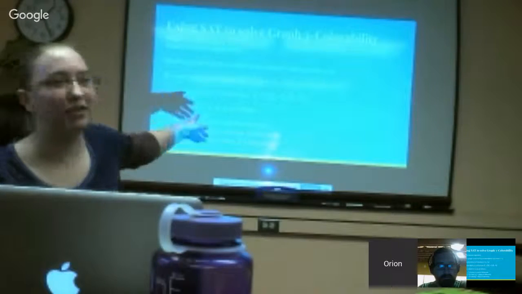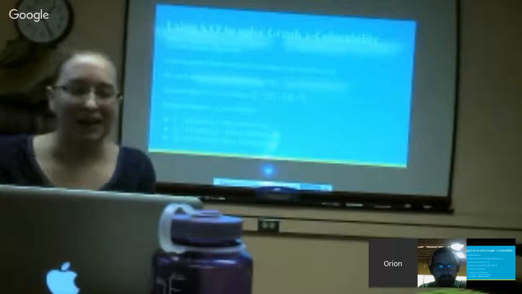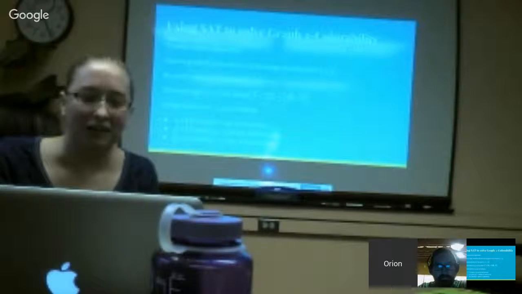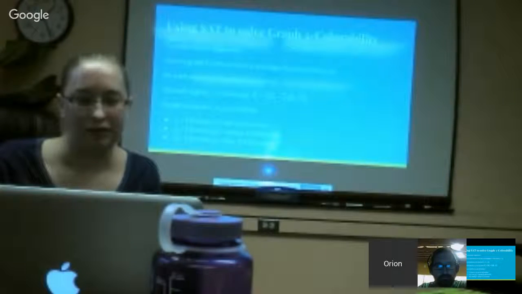It's easier for you to read than for me to talk that one out. And then we're going to assign values as follows: 1 if it's red, 0 otherwise, for that particular vertex.